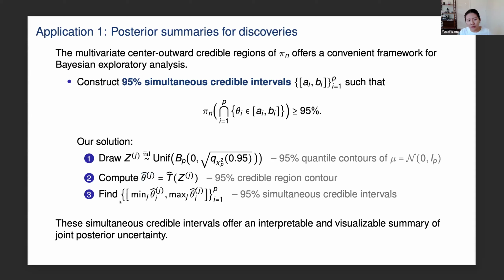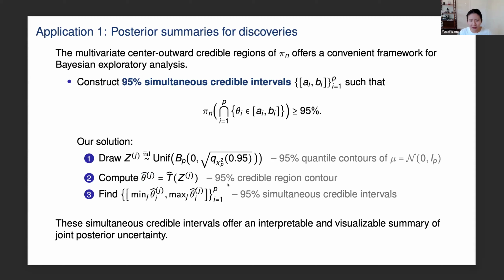And then our third step is to find the smallest box that can contain this 95% credible region. So essentially, you just look at the smallest and the biggest values coordinate-wise.